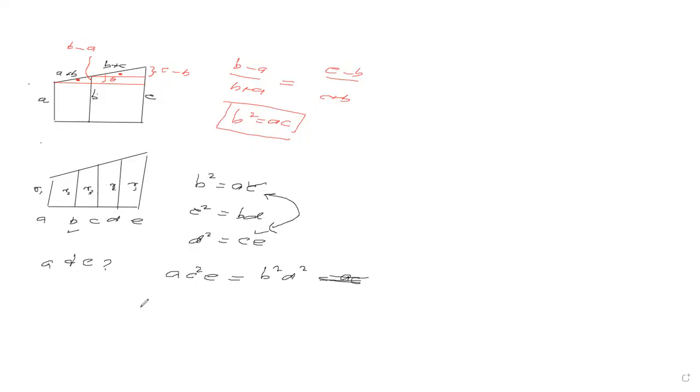C squared is equal to BD. Right? And then you have BD occurs twice. So you have AE equals BD. But BD is C squared. Right? BD from here is C squared. And there you have it.